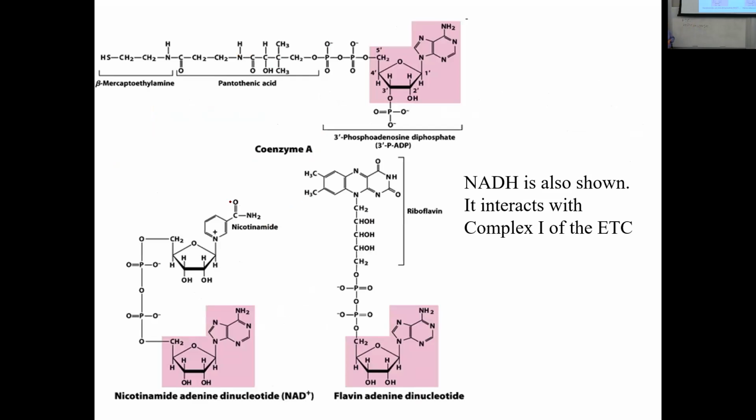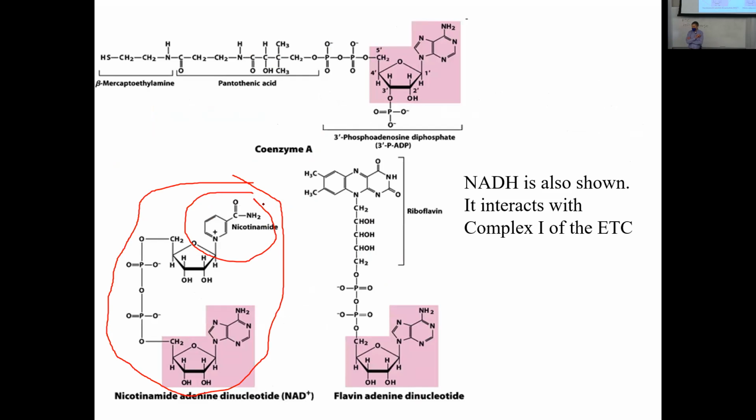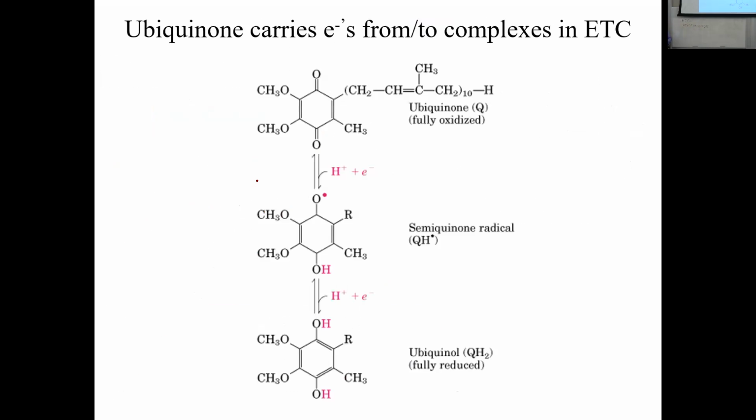We talked about NAD plus, NADH. This is the NAD plus molecule. Again, it is this ring atop the ribose there that is going to accommodate the donation of a hydride with its 2 electrons.